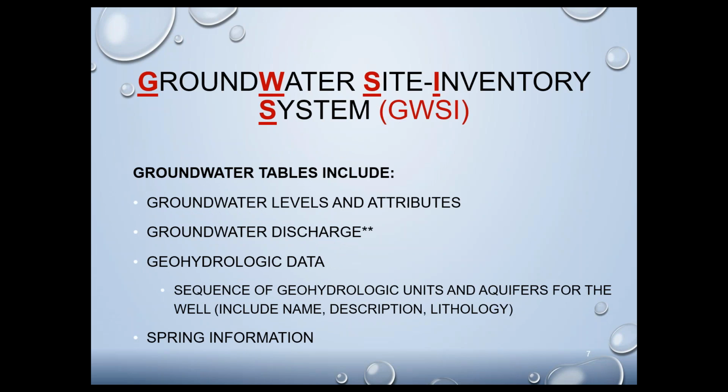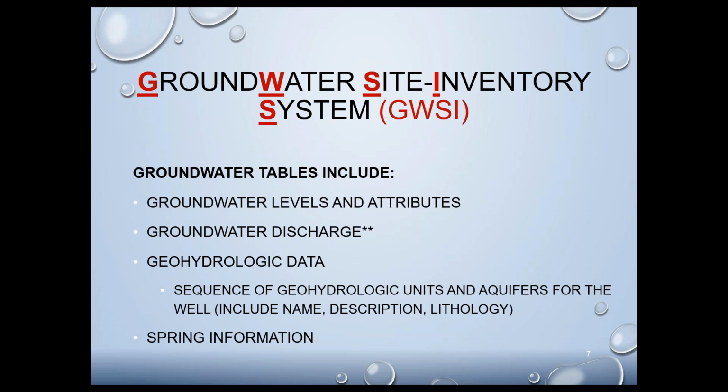So the Groundwater Site Inventory System, or GWSI. The data tables included in GWSI are groundwater levels and the attributes of those levels, groundwater discharge, and geohydrologic data. This is the sequence of geohydrologic units and aquifers for the well.